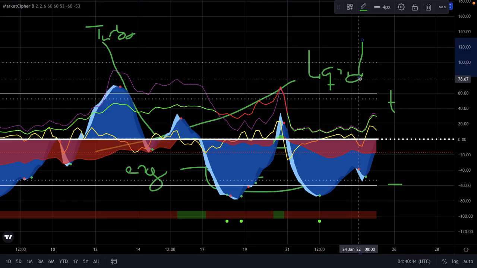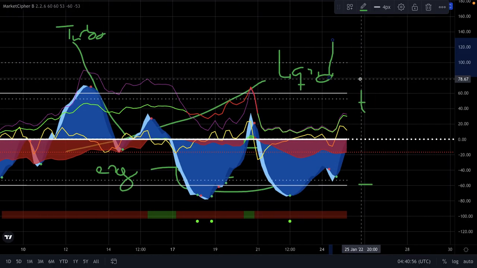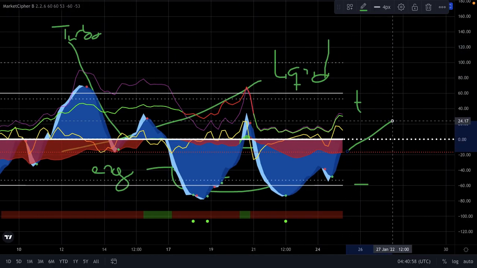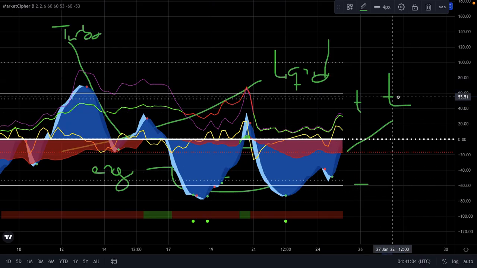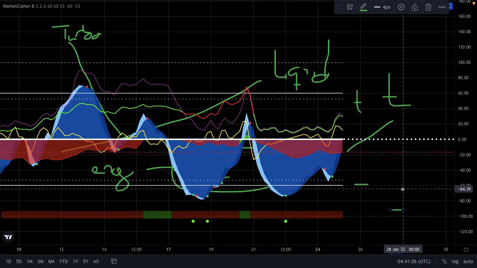So right now, if I want to determine the direction of my vehicle, I have to look at where all these oscillators or all these varieties of oscillators are heading towards. If all of my oscillators seem to be heading towards the positives, it means I can long. If all of them are heading towards the negative, it means I can short.